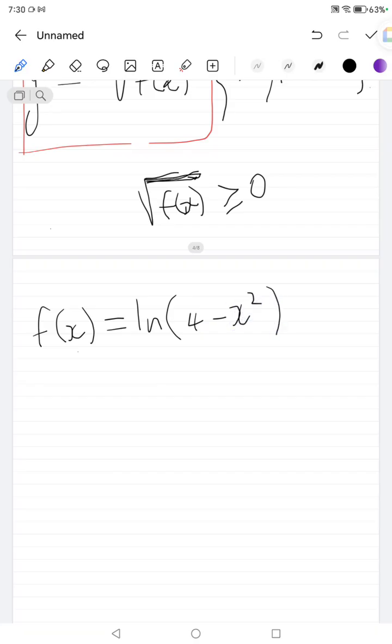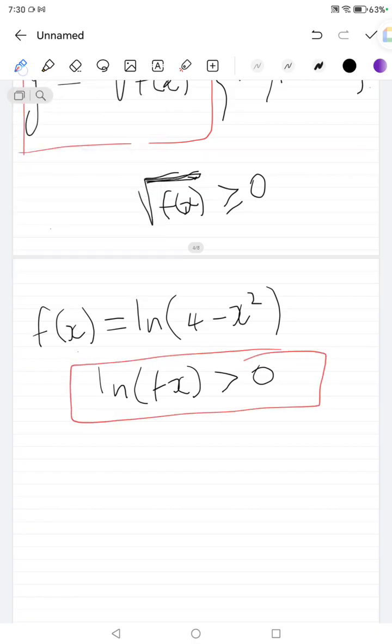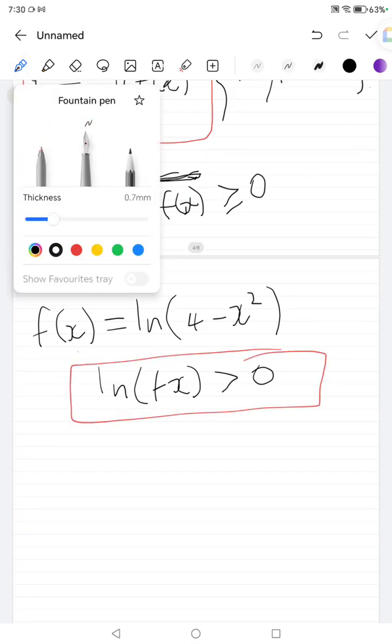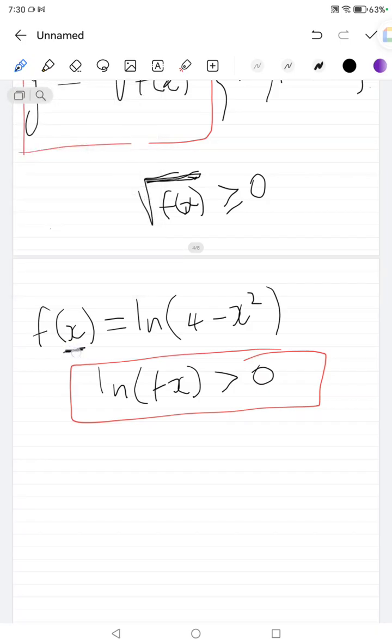You see? So with your ln, you remember what's the restriction for ln? You can't have ln equal to 0. So with ln of x, this should always be greater than 0. So that's the restriction that you're going to be using. Remember, we're working with the x values, so we're still using the set intervals.